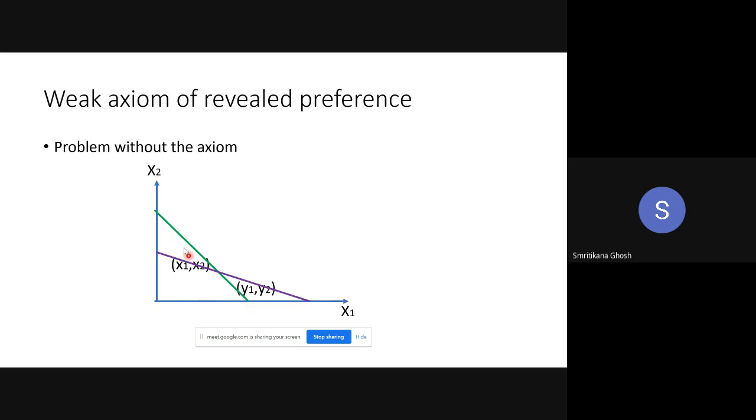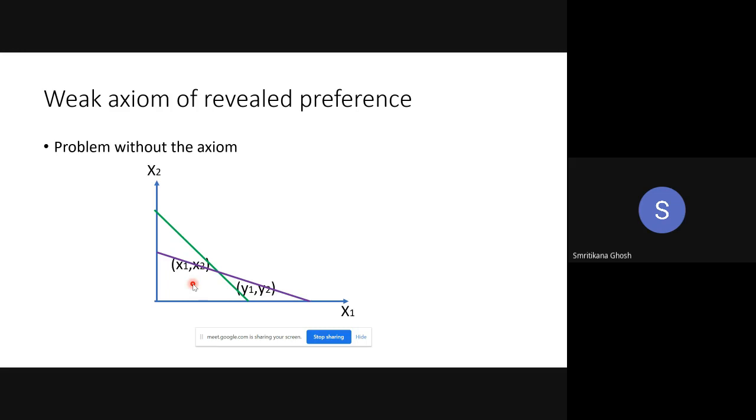Then, given the green budget line, we can say that y1, y2 is directly revealed preferred to x1, x2.